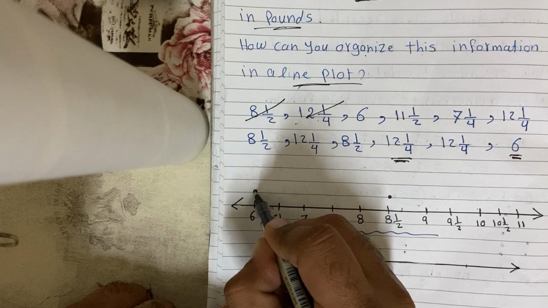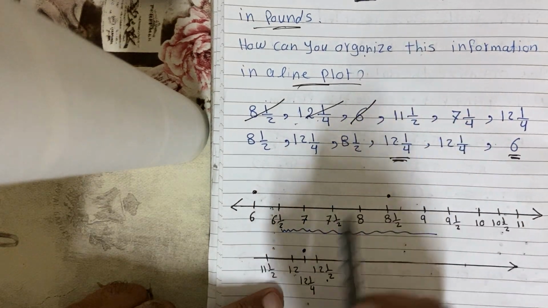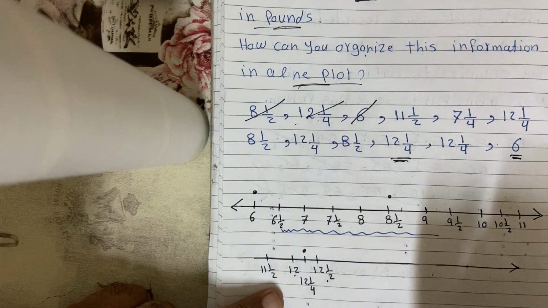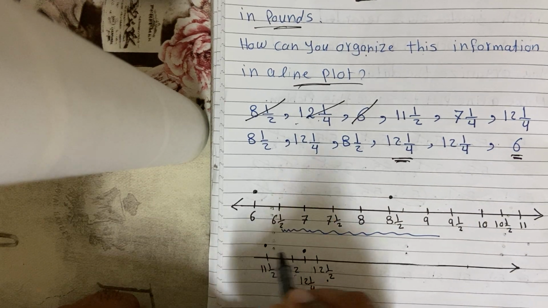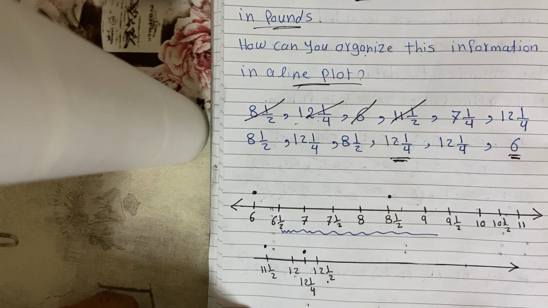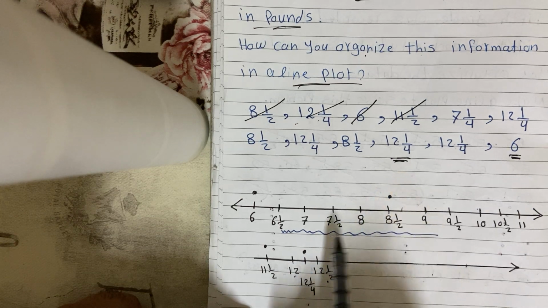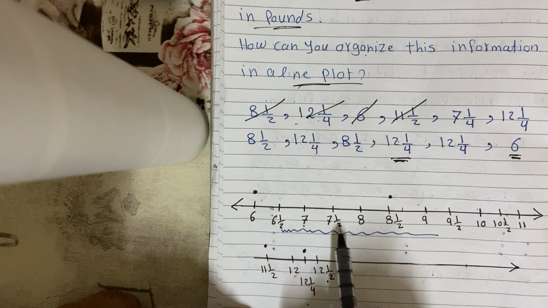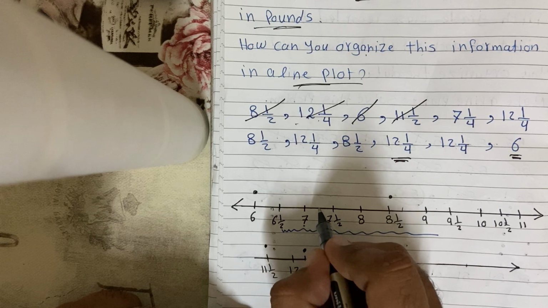6 here. After 6, 11 and a half, 11 and a half here. 7 and a quarter, between 7 and 7 and a half, here exactly.